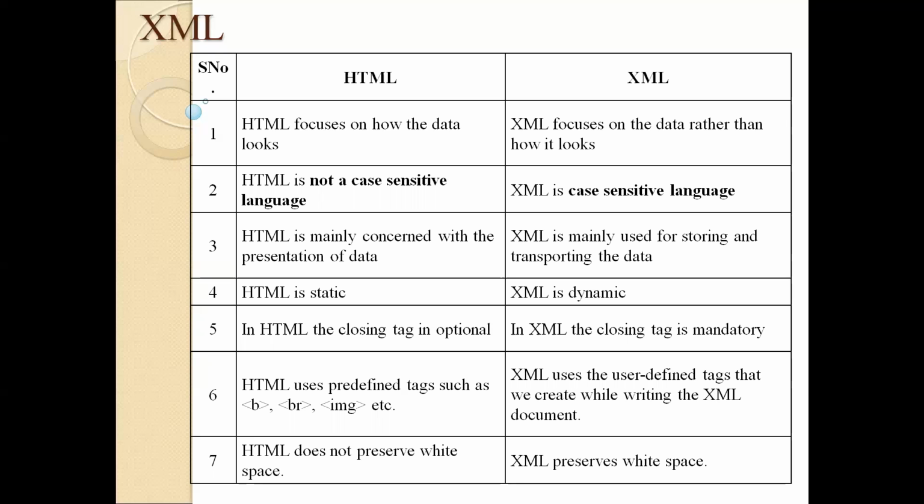As we discussed earlier, HTML is mainly focusing on displaying the data, and XML is mainly focusing on storing and transferring the data, right? So on the side of XML, the first difference: XML focuses on data rather than how it looks. So XML does not bother about the look of the data on the web page. It only takes care of how the data is stored, right?